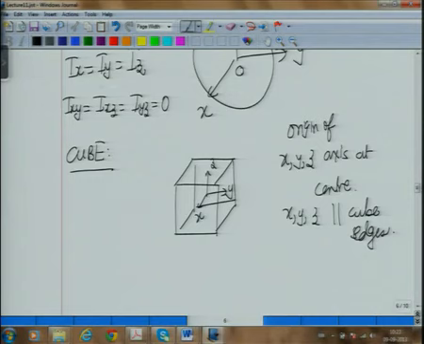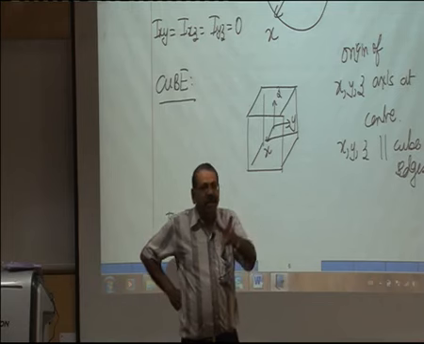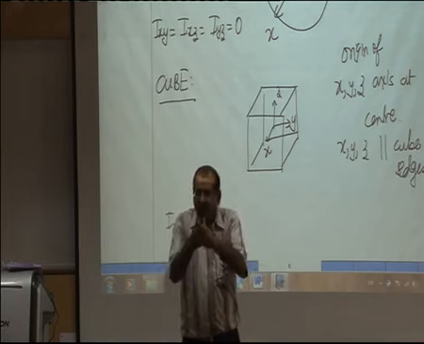Now, one thing I will do without proving here is Ix, Iy and Iz. If I choose these three axes, obviously I have chosen a special set of axes. Now, this object is not symmetrical like a sphere. Okay, I have chosen special axes.